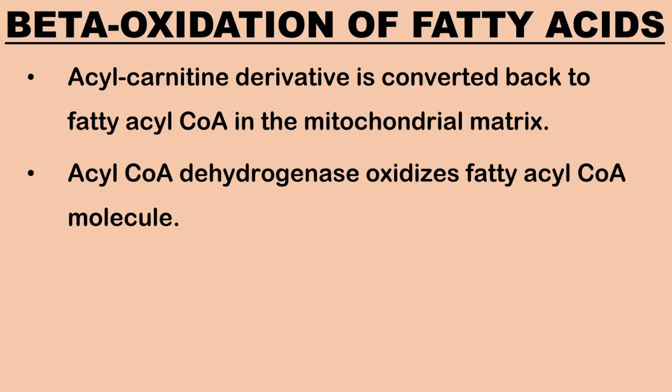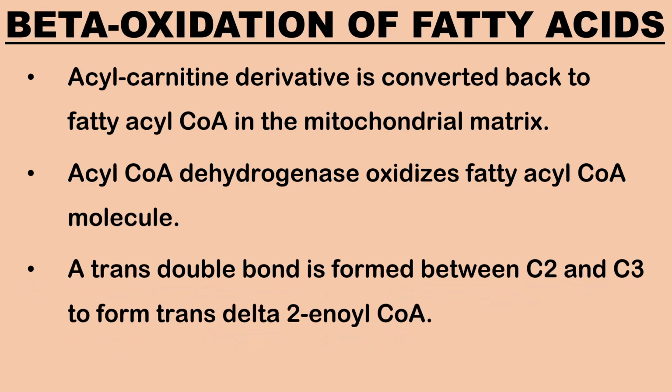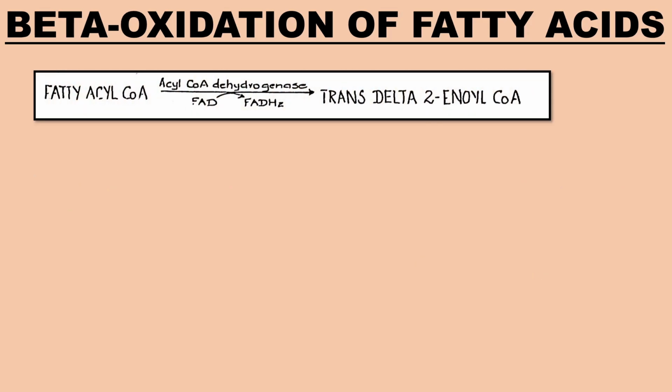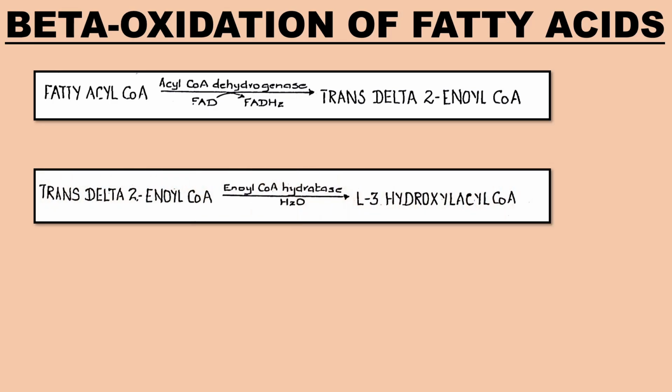Acyl coenzyme A dehydrogenase oxidizes the fatty acyl coenzyme A molecule. A trans double bond is formed between carbon 2 and carbon 3 to produce trans delta 2 enoyl coenzyme A. FAD acts as an electron acceptor and gets reduced to flavin adenine dinucleotide, FADH2.